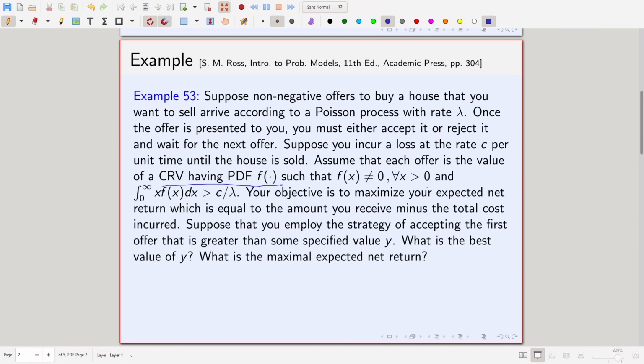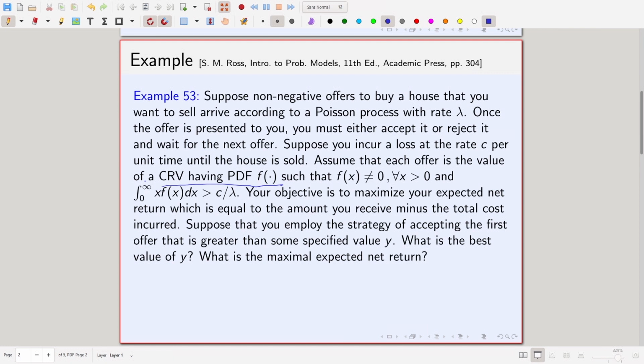Obviously, f(x) will be 0 for x less than or equal to 0 because an offer cannot be negative, and you also have the assumption that the integral from 0 to infinity of x f(x) dx is strictly less than C by lambda. This is just a technical assumption you need in order to solve this problem.